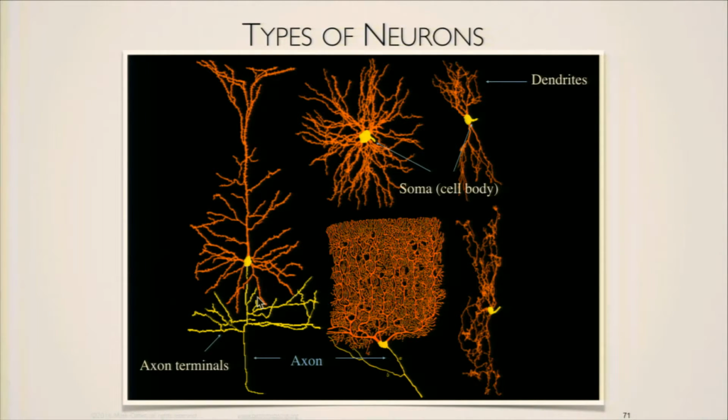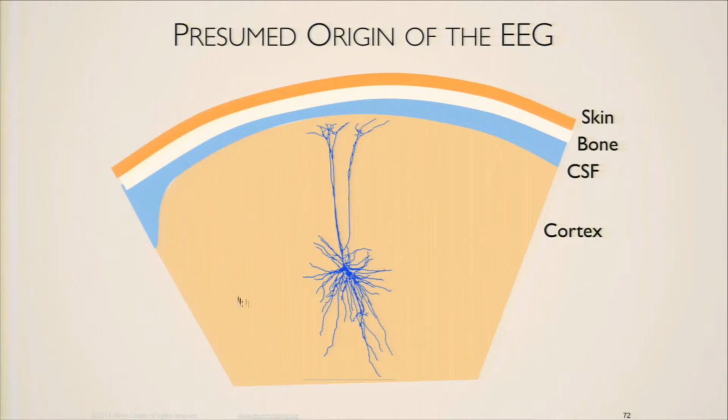A consequence of that is that here's our sort of surface of the brain and the outside of the skin. When the neurons fire action potentials, they generate a current from the cell body to the dendrites, or actually, sorry, when they're receiving input, a current from the cell body to the dendrites. However, if you have thousands and thousands of these neurons all oriented the same way, the currents are all going the same direction.